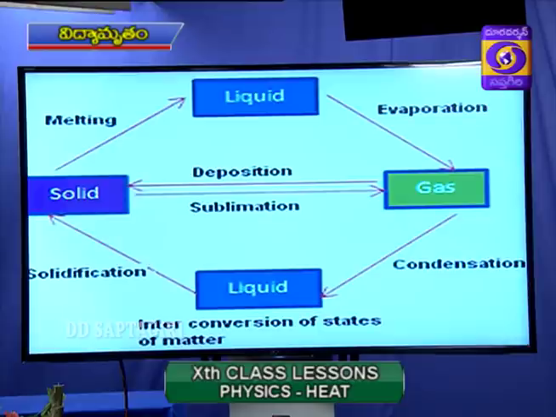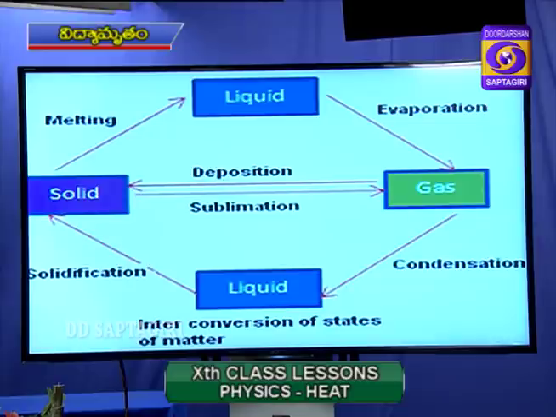The process of conversion from solid to liquid is called melting. For solid to liquid, the energy will be absorbed, because the kinetic energy of the molecules will be increased, but the temperature will not change, only energy will be absorbed.